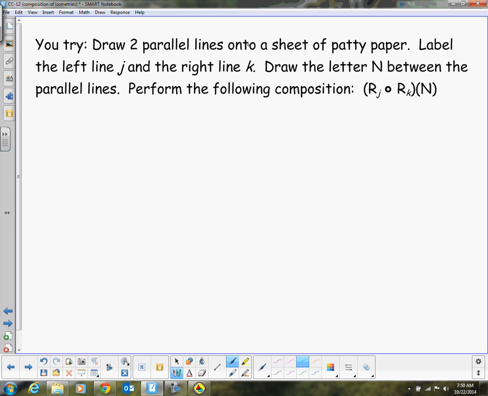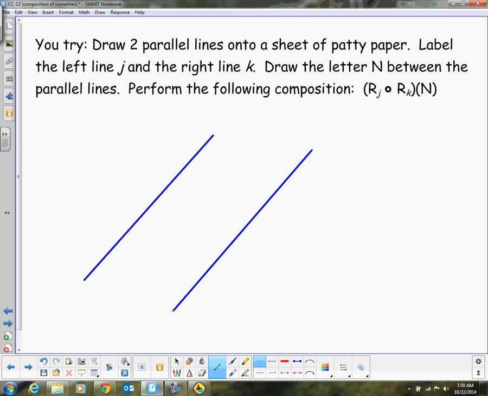So it says draw two parallel lines on a sheet of patty paper. Remember, you can do that with your ruler. Label the left line J, the right line K. Draw the letter N between the parallel lines and perform the following composition. How do we reflect? Do you remember how we do that? If these are parallel and I do the letter N, how do I do a reflection?